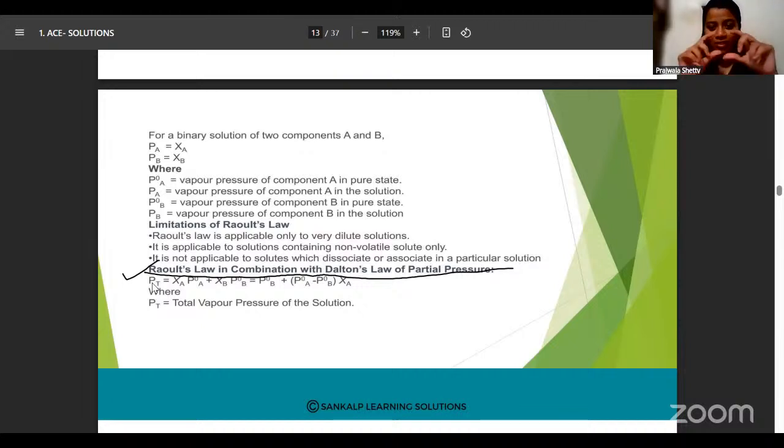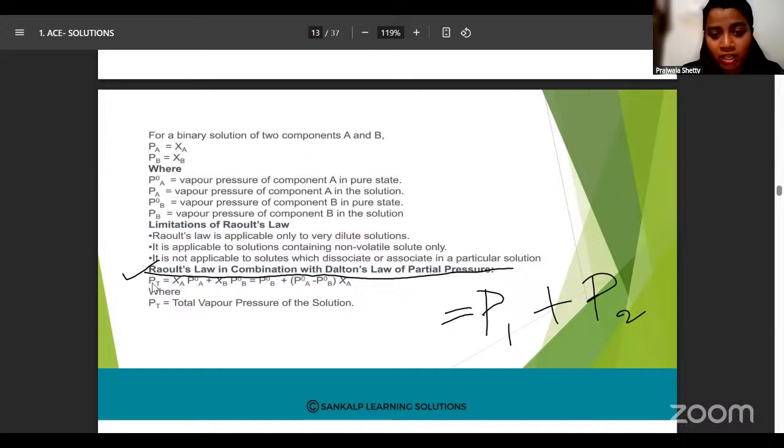P total is the total partial pressure. This was Dalton's law of partial pressure.